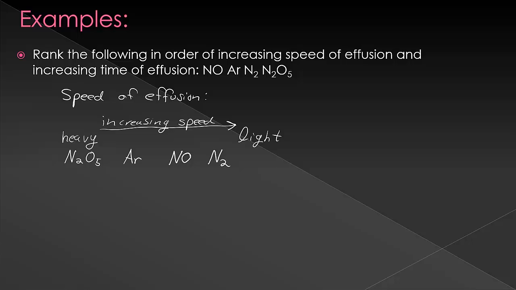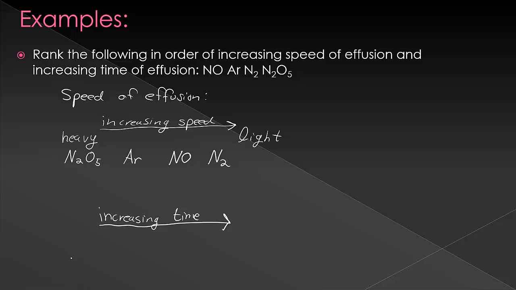Now, if that's increasing speed, we need to do the other part and say, what about increasing time? If something effuses very quickly, that means that it's going to take very little time to effuse. So our fastest molecule will have our lowest amount of time.